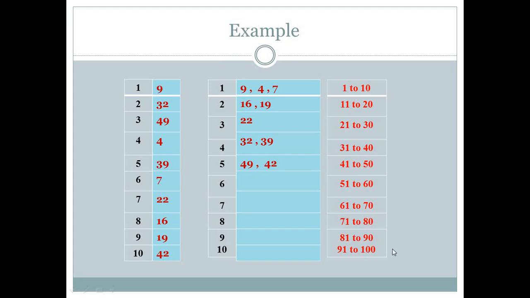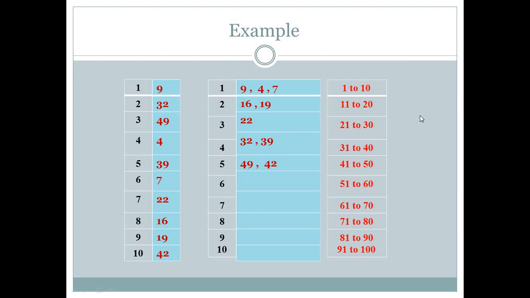Means we have made 10 buckets and every bucket size is 1 to 10, 11 to 20, up to 91 to 100. Remember one thing, that all bucket sizes should be the same. Okay, so now what we will do, we will divide or store our numbers bucket wise.